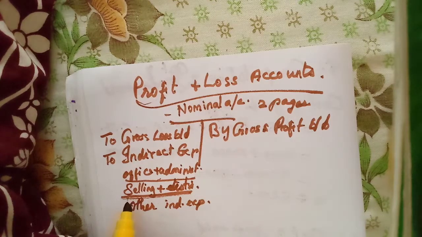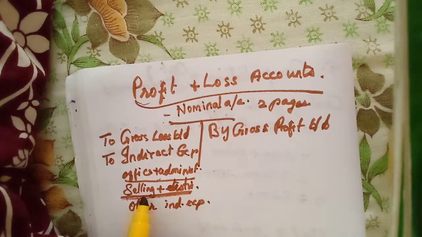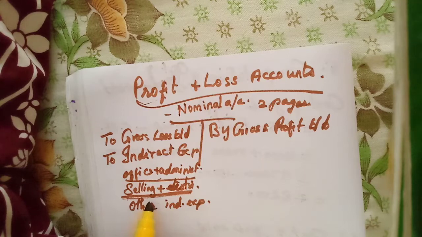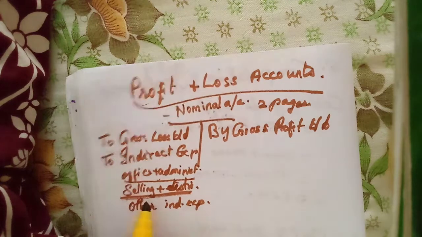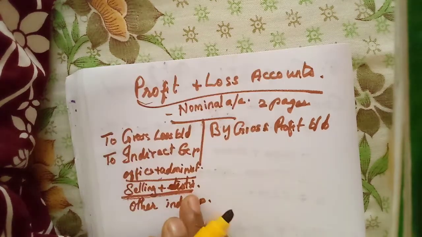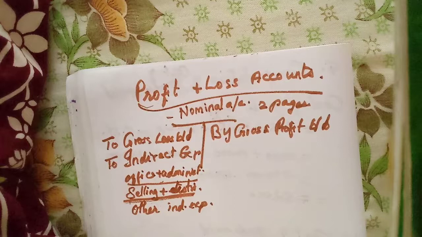Then from the business place to the market we need to carry the goods. That is called a selling expense, that is carriage outward. Then advertisement charges or commission that we pay to the salesman, or bad debts, that is a loss, isn't it, or packing charges, all these are considered as selling and distribution expenses.